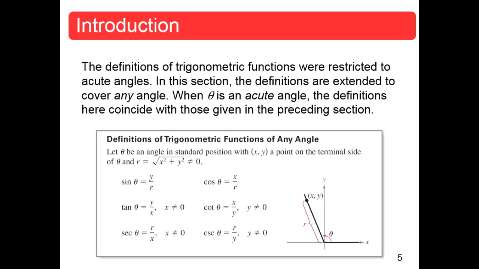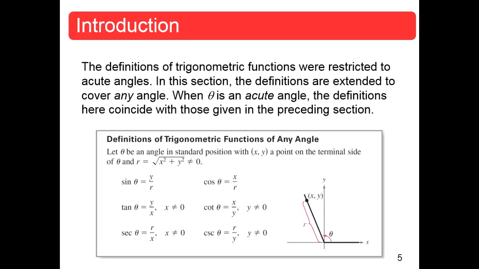It still works for acute angles, but now we're letting it extend to obtuse angles, anywhere from 90 to 180 degrees, or pi halves to pi. We'll even let it extend all the way around, 0 to 360, or 0 to 2 pi.